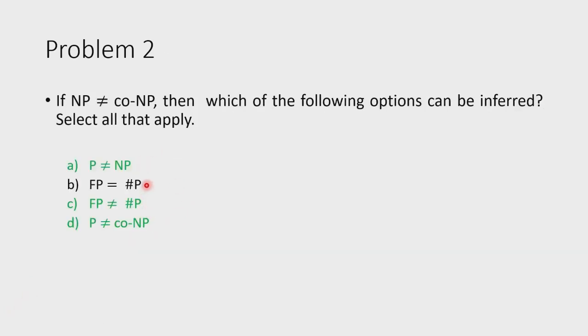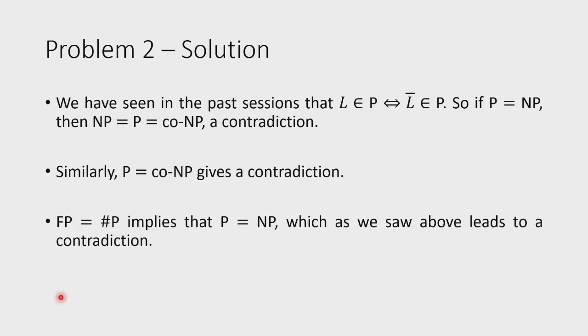Now let's look at options B and C. If FP equals sharp P, then P equals NP. Why? Because for any problem in NP, if FP equals sharp P, you can count the number of accepting paths in the corresponding non-deterministic Turing machine. If the number of accepting paths is at least 1, you know that the string is in the language.